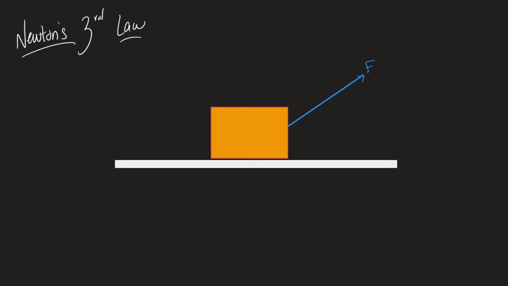And let's say it's sliding across this surface at a constant velocity. Draw the free body diagram for the forces acting on this box. Draw it right on the box.